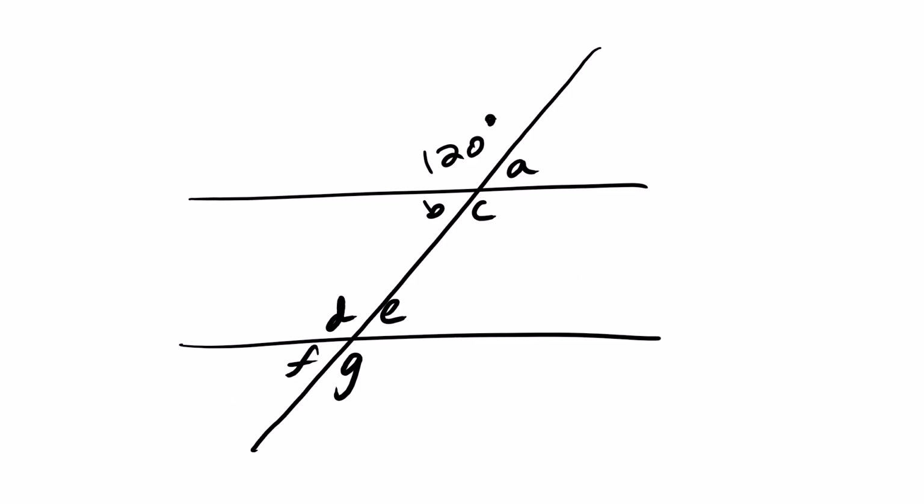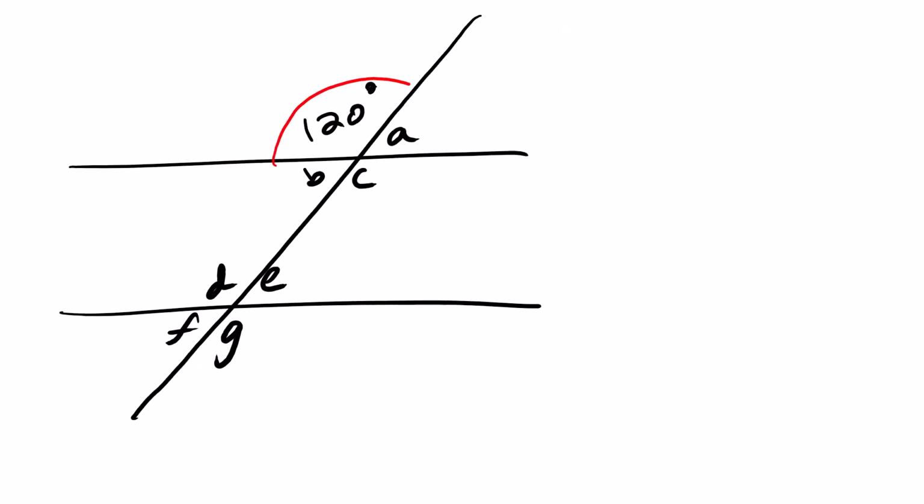We have this exercise. We need to calculate the other remaining angles. We are given that the first angle, which is this one, is 120 degrees. So we need to use those three types of angles or theorems.